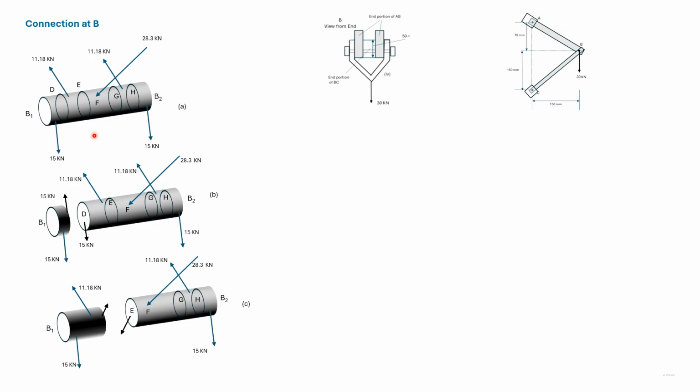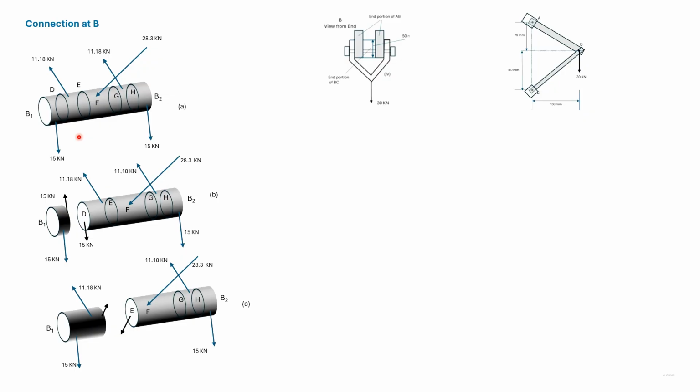Here we have to take different sections and find out where the maximum shear force, and thus the shear stress, acts. We notice that if the truss is in the XY plane, then P1, P2 are in the Z direction.